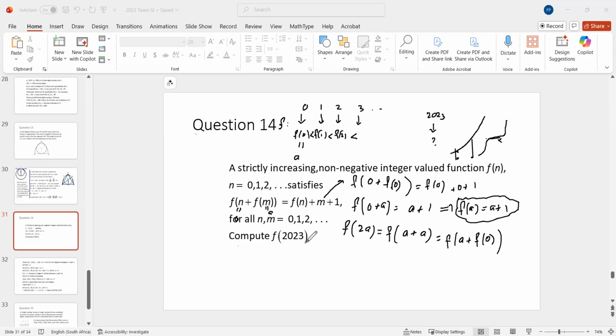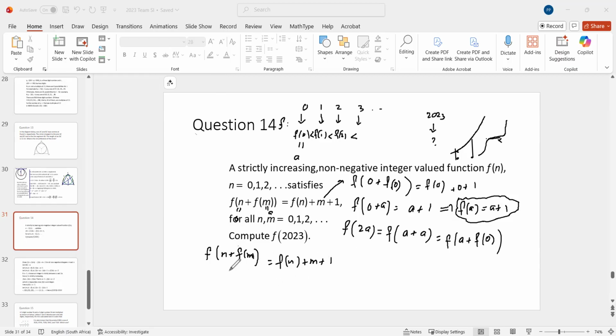Right. Now, you know that f(n) plus f(m) equals, it's a very unwieldy equation.